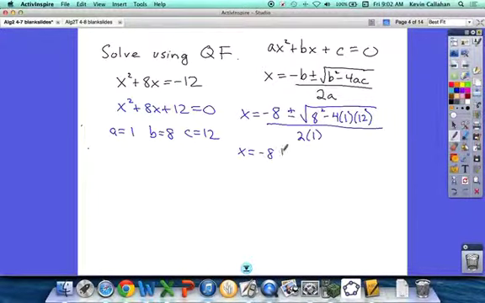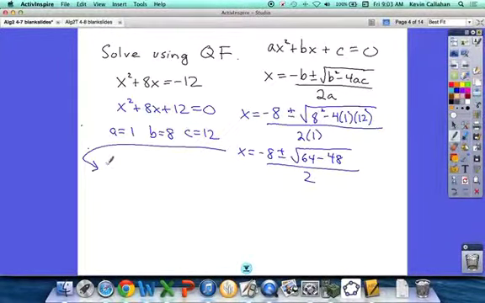Negative 8 plus or minus the square root of 8 squared is 64, minus 4 times 1 times 12 is 48, divided by 2. So let me come over here.